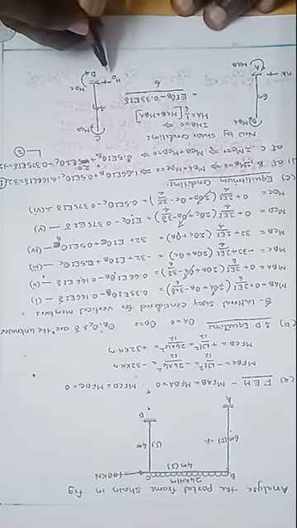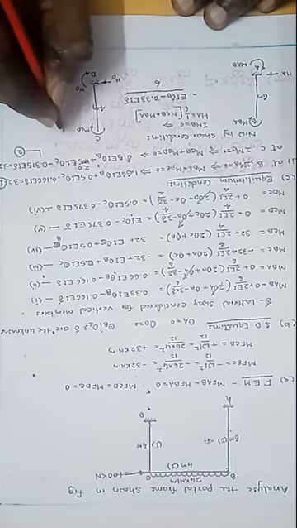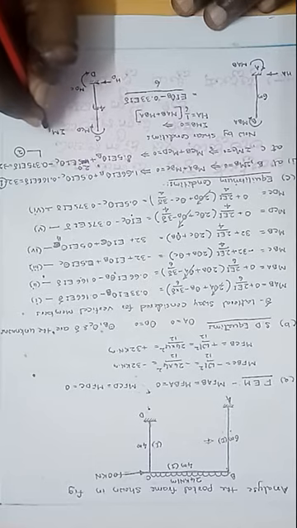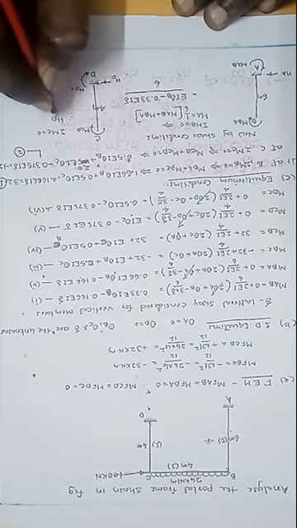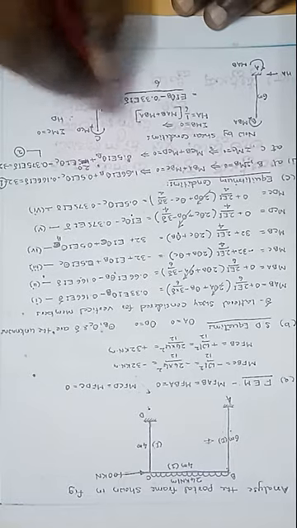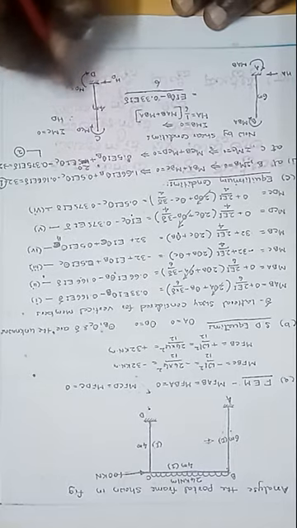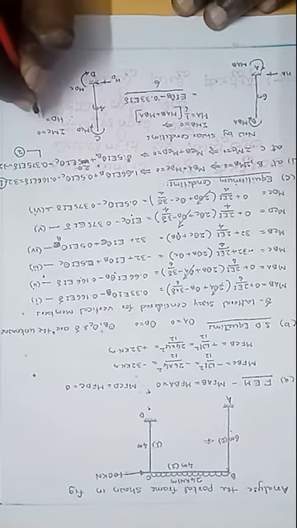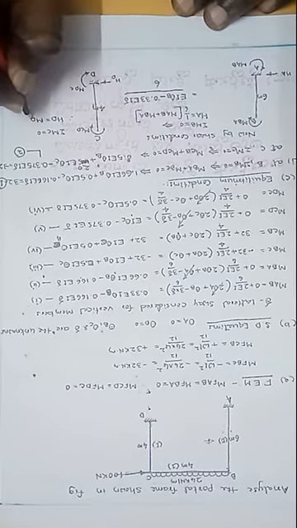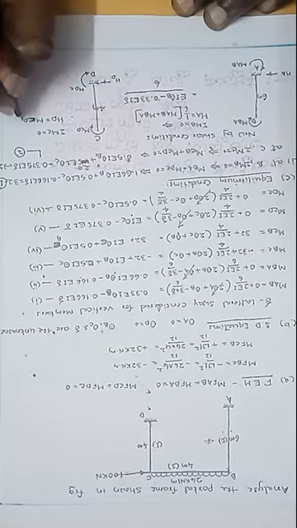Then we can calculate HD by taking moments about C, that equals 0. Therefore HD equals, that is this moment HD into 4, that one is anti-clockwise and these two moments are clockwise. Then MCD plus MDC divided by 4.